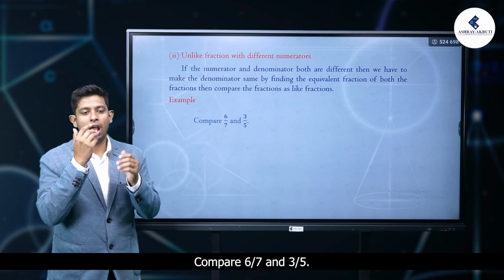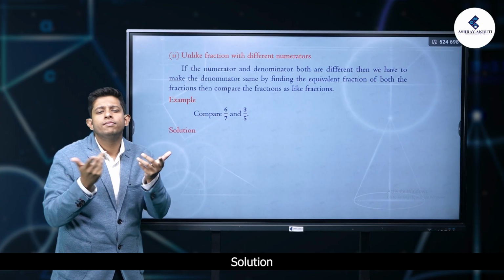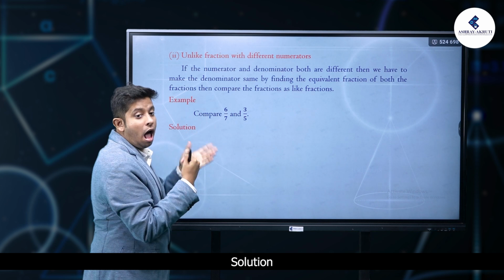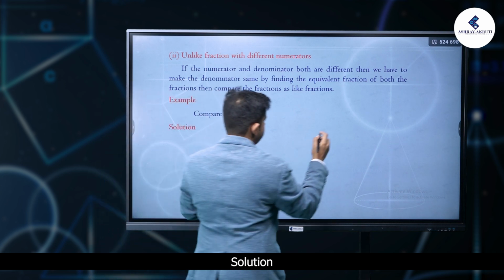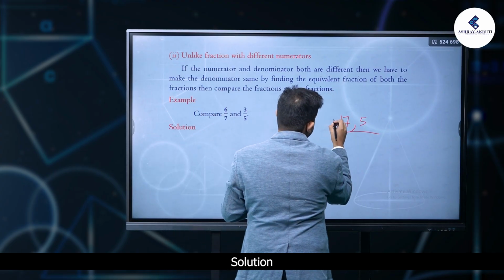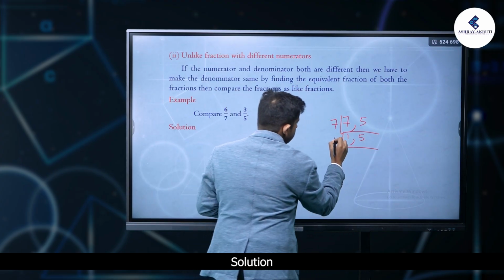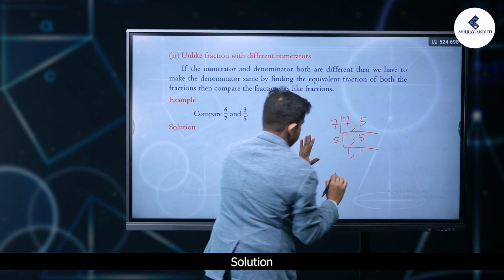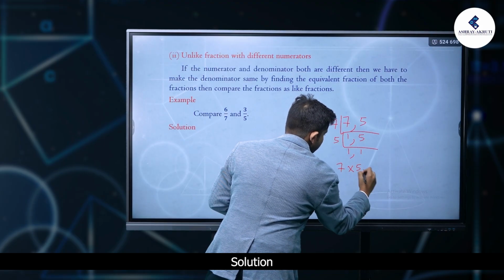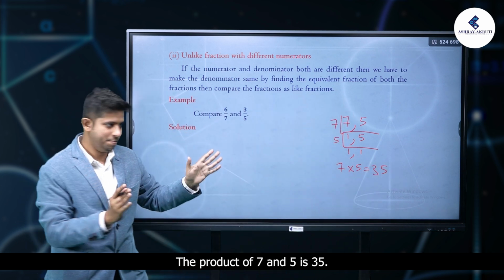Example: compare 6 by 7 and 3 by 5. Solution: the product of 7 and 5 is 35.